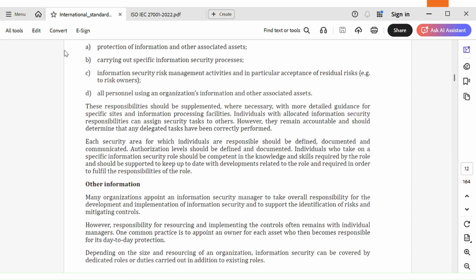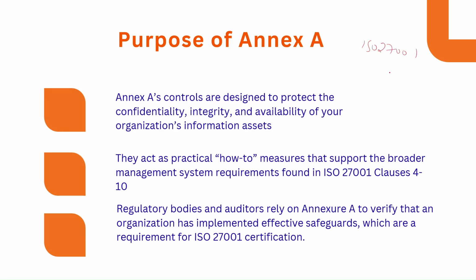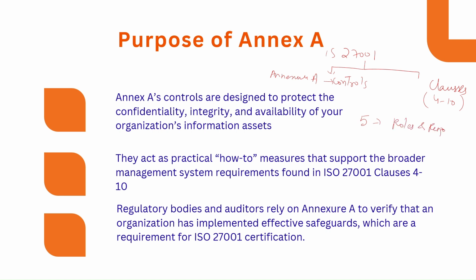If you see ISO 27001, it has been divided majorly into controls and clauses. Clauses we've already discussed in my previous video. We have discussed all the clauses from 4 to 10. All the controls are defined under Annexure A. For example, if clause 5 says that you should have proper roles and responsibilities in the organization, then Annexure A will tell you how exactly you need to implement it.